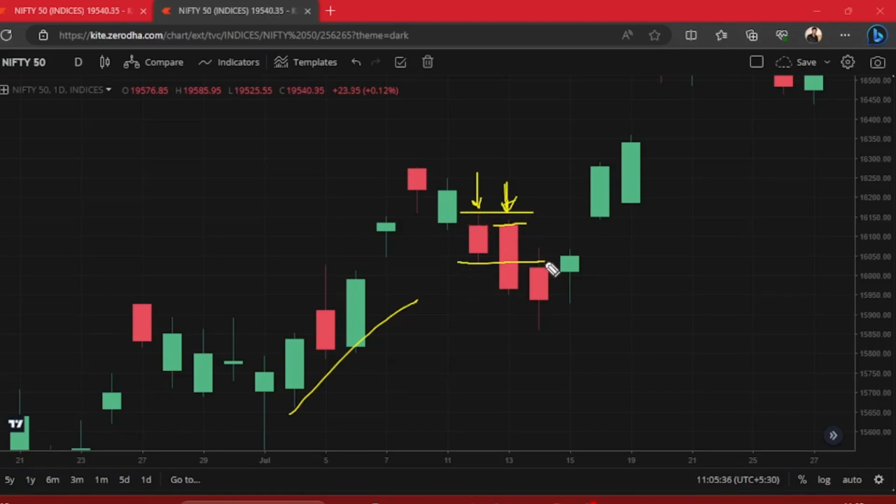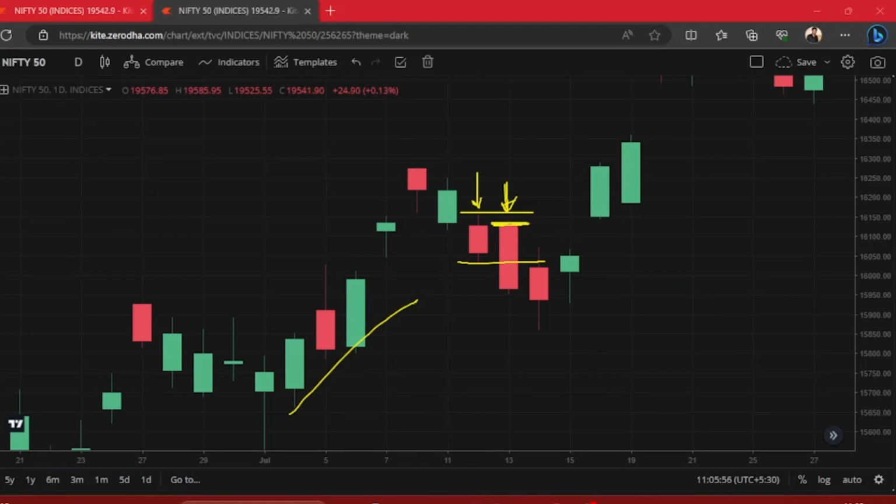And before you think, guys, that this is a range breakout strategy, this is not. This is completely a different strategy, and as we discuss it ahead, you will understand why. So here the market has opened well within the range of the previous day.